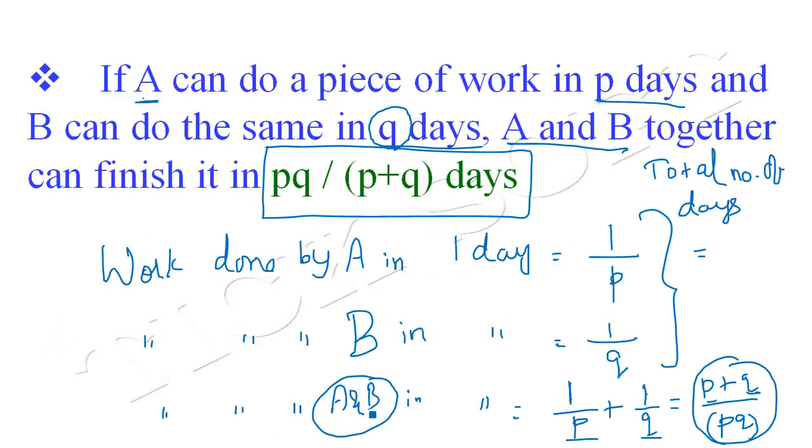Work done by A and B in 1 day is p plus q by pq. So, hence the total number of days will be equal to 1 by this p plus q by pq. If we take the reciprocal of this, then we get pq by p plus q. So, by using this concept only, we get this formula, that is, if A can finish a work in p days and B can finish a work in q days, then A and B together finish it in pq by p plus q days.